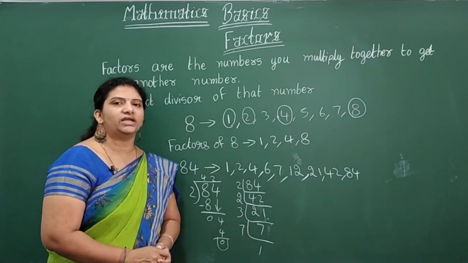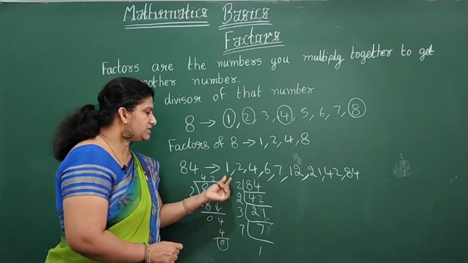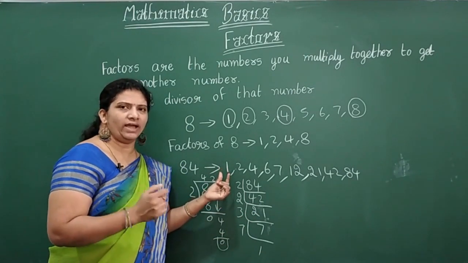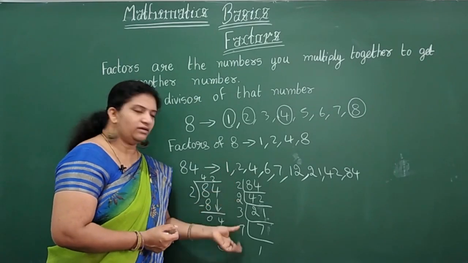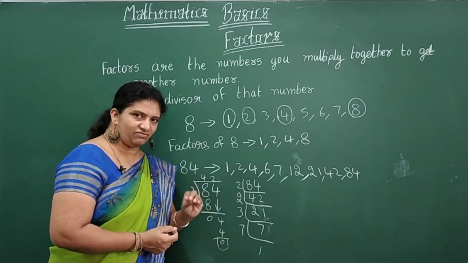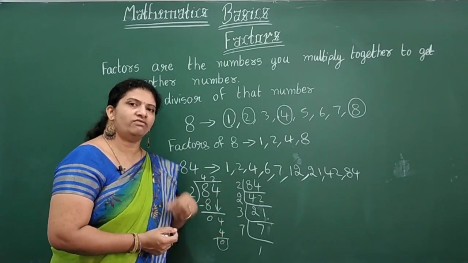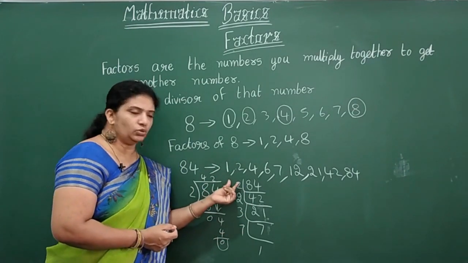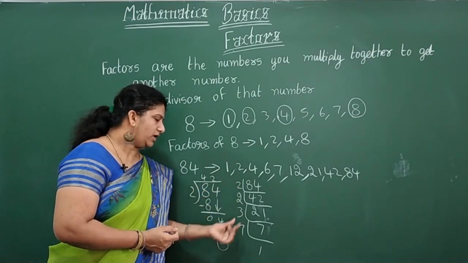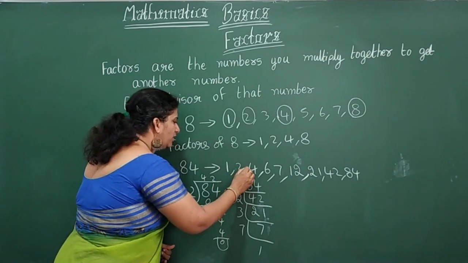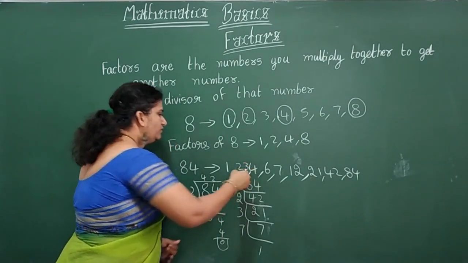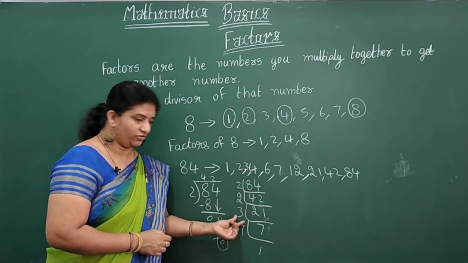So after completing your division, see here, start from your number 1, 2, 3, 4. 1 will be there for every number. 1 is a factor of every number. So now 2, yes, 3 not there, 3 there, no here, sorry. 3 also there here, we did not write here.